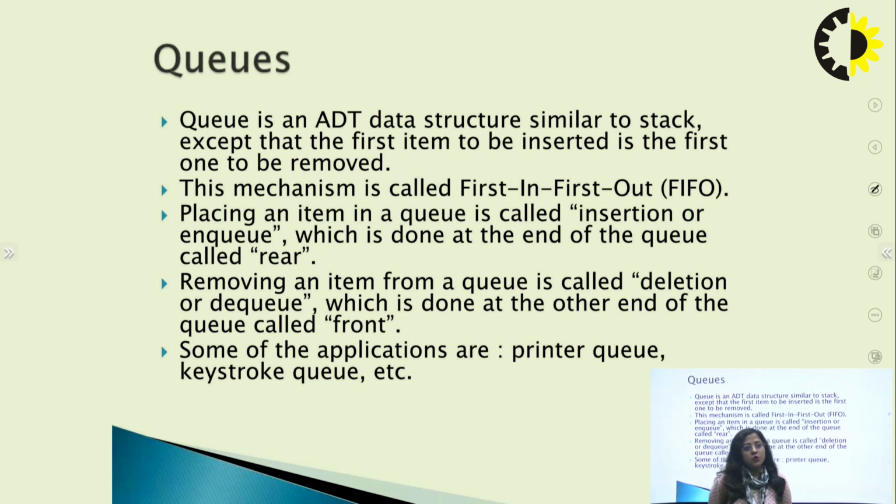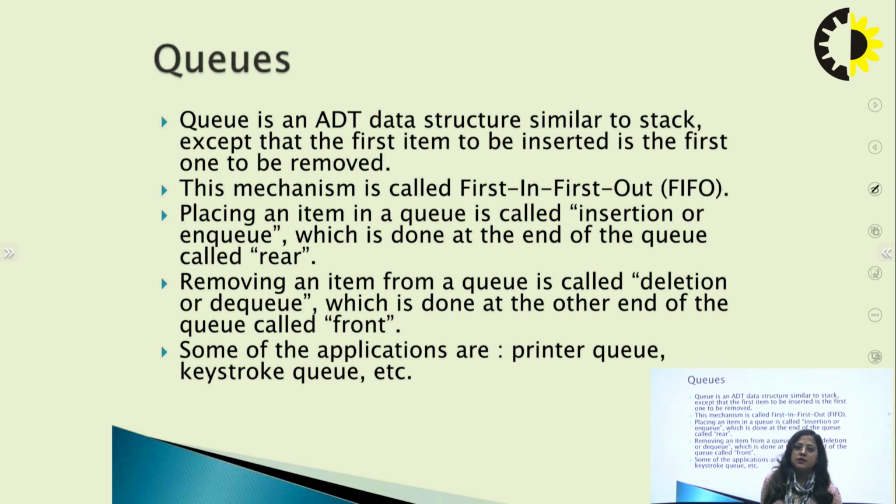But according to this, the first item to be inserted is the first one to be removed, means first in first out. Okay. Now placing an item in the queue is called insertion. In a stack you use push and pop for insertion and deletion, but in a queue you use different operations. The insertion is the enqueue operation, but it is similar.